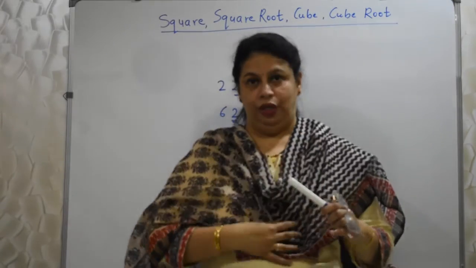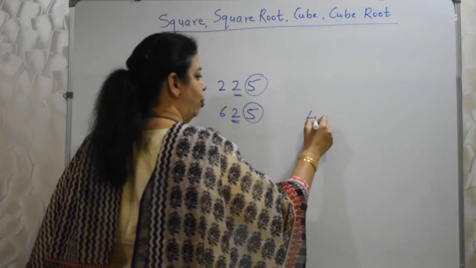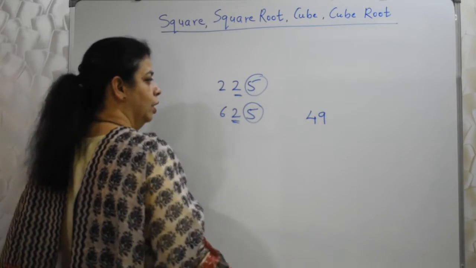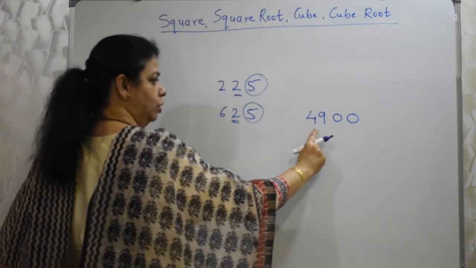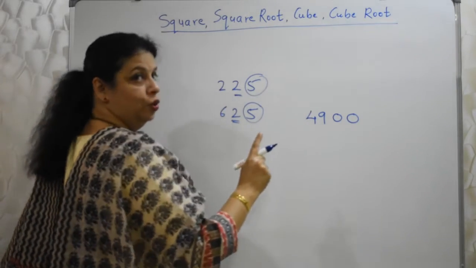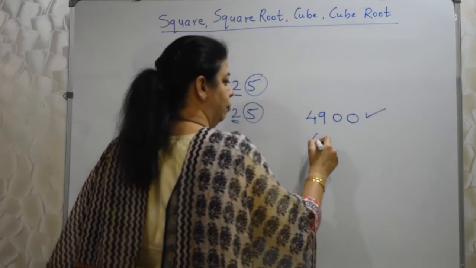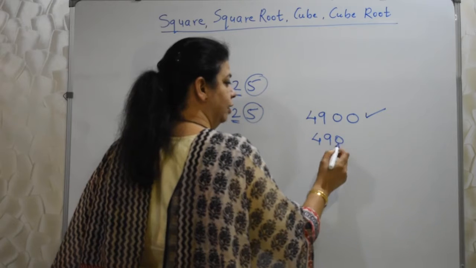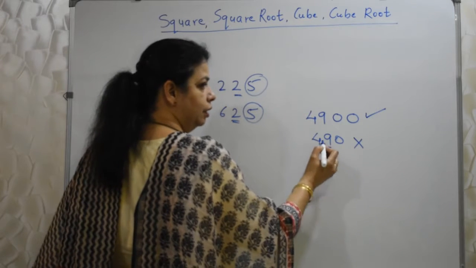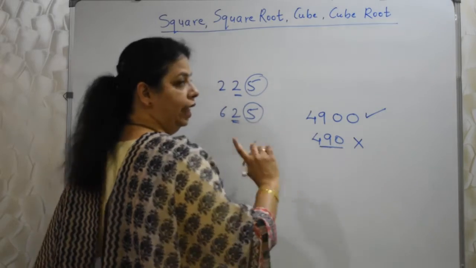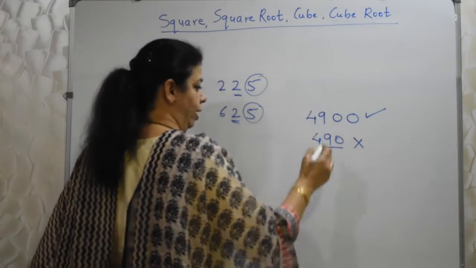Rule number 3. In case of any square number, for example 49 is a square, if you have an even number of zeros, then this number is also a square number. But 490 has an odd number of zeros, so even though 49 is a square, 490 cannot be a square. 4900 is a square.